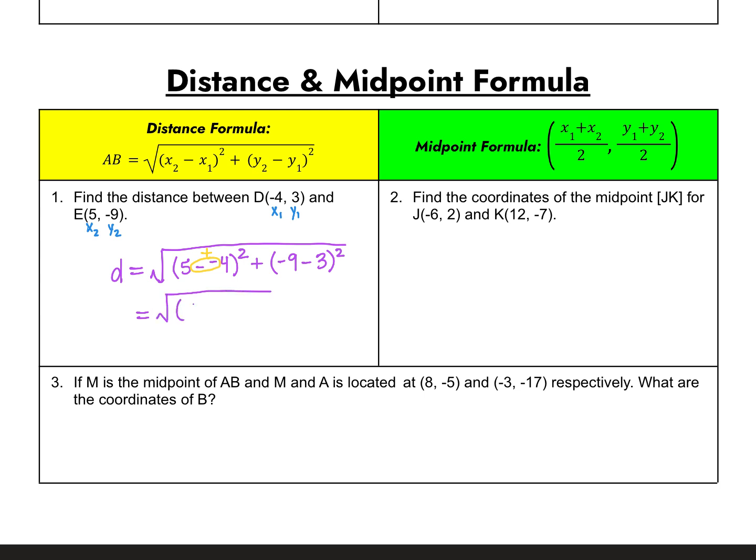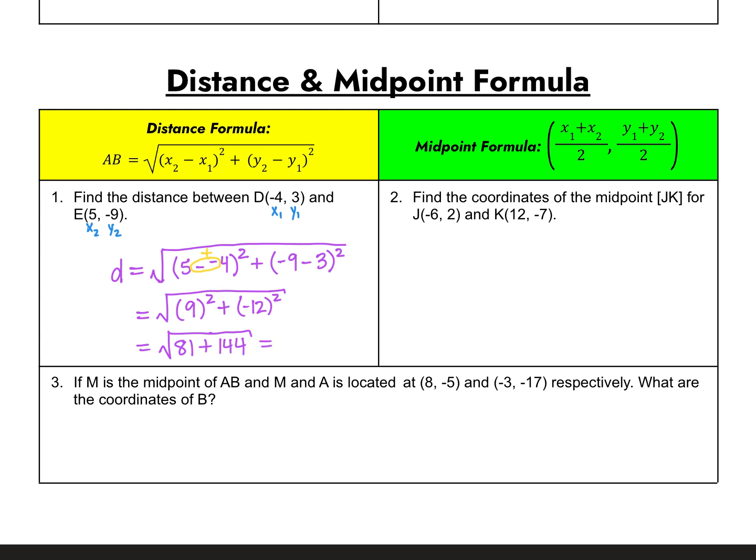So we're going to have 9 squared plus -9 minus 3, which is going to be -12. And if we square that, we will end up getting the square root of 81 plus 144.